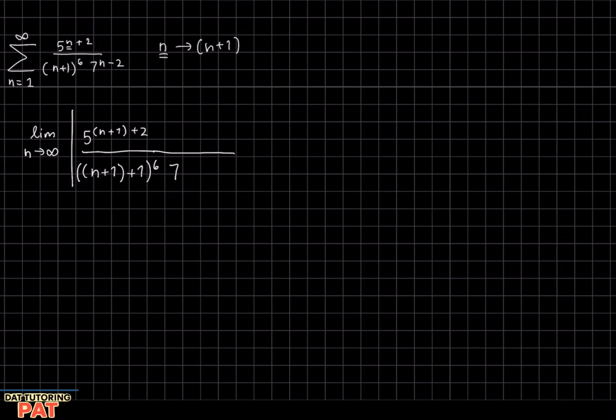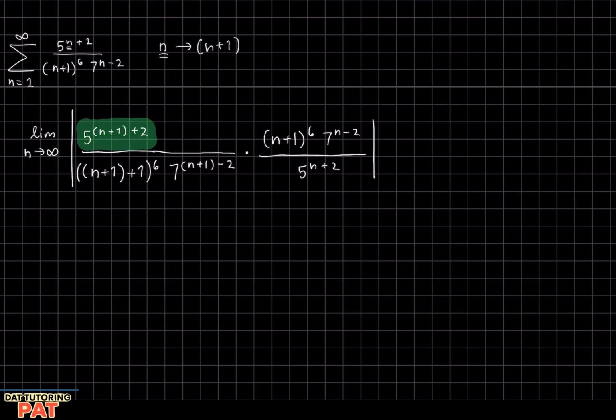We're going to have 7 times n plus 1 minus 2, and then the reciprocal of the original function because we're dividing by it. So it's going to be n plus 1 to the 6th, and then 7n minus 2 over 5n plus 2.